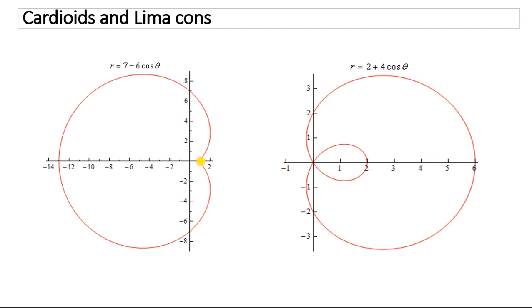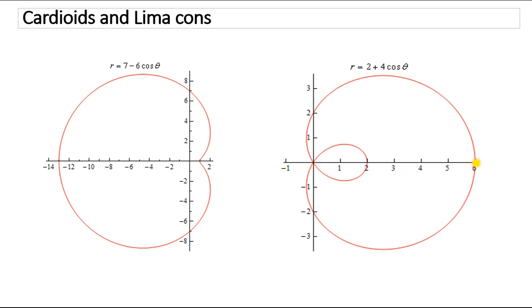I connect between them by a heart. The shape is a heart not through the origin without inner loop.